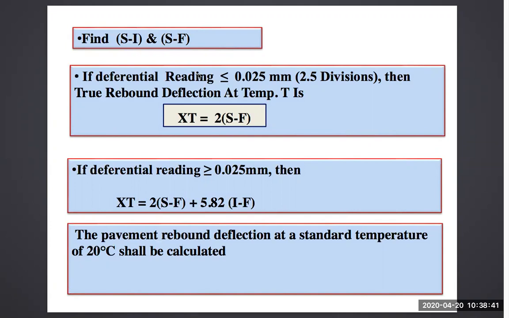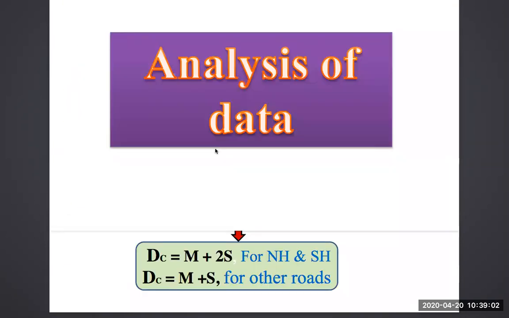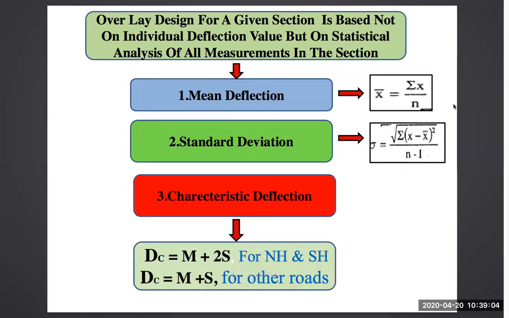From one point on the road, I get 3 deflection values. From these 3 deflections, I get one value as X. This X is calculated like this. There are some conditions for this. This X is used here while calculating the mean.